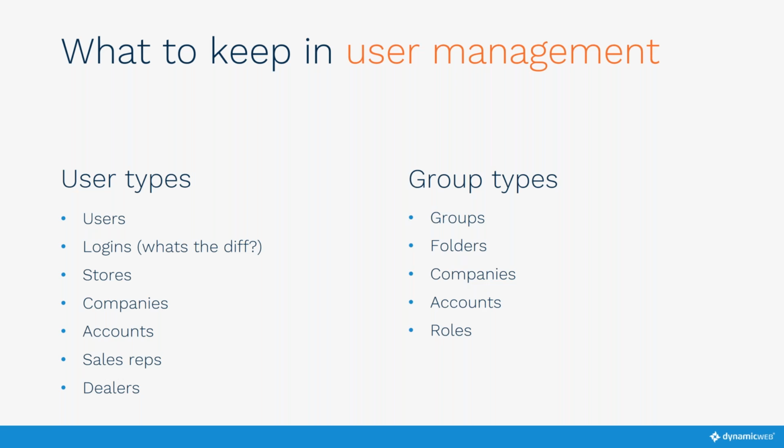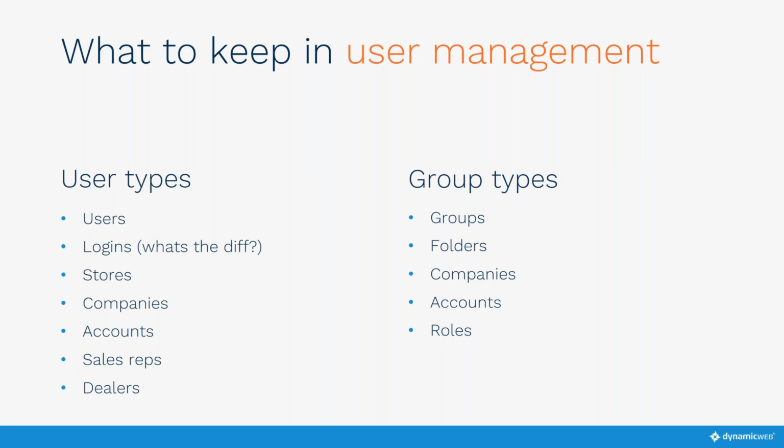We can have sales reps that can log in and place orders on behalf of their customers, and we have deals and a long other range of things that basically have an address or user login information. In the group types, of course, we have regular groups, so we also have folders to organize all the stores and companies and accounts.